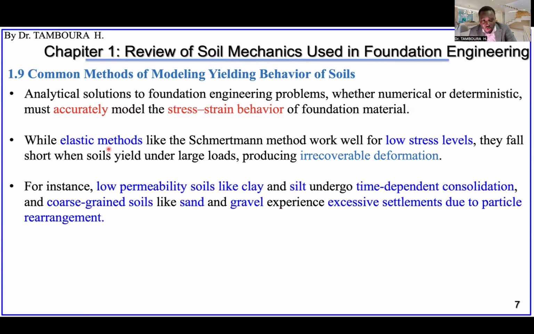For example, in low permeability soil like clay, the permeability of clay is very low, and silt also.